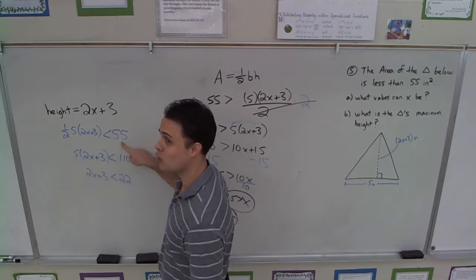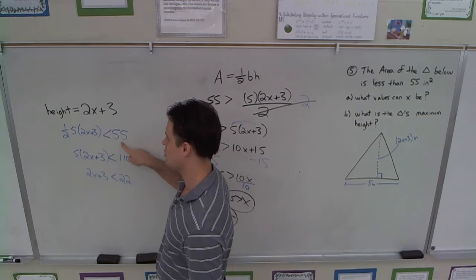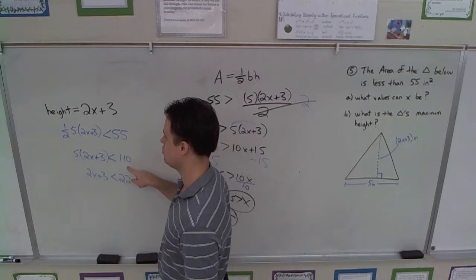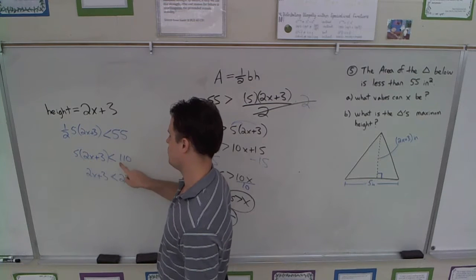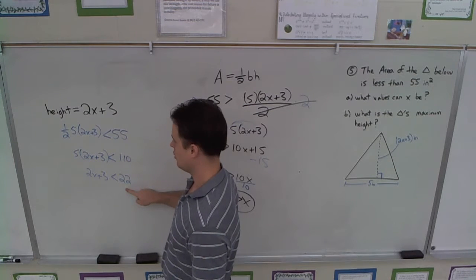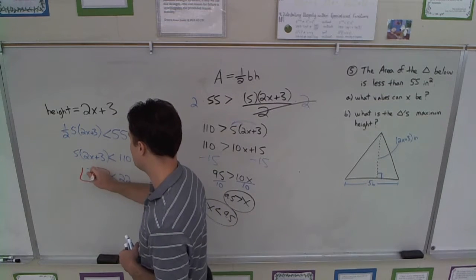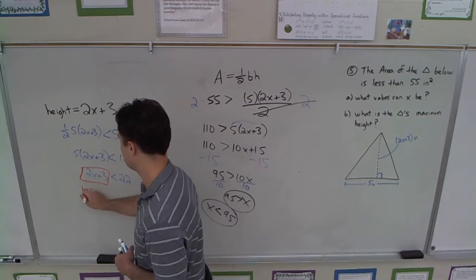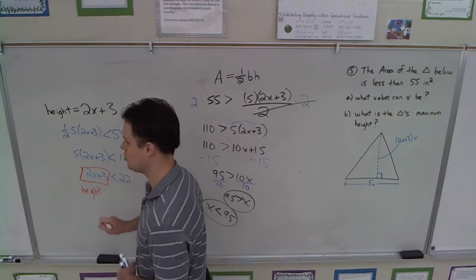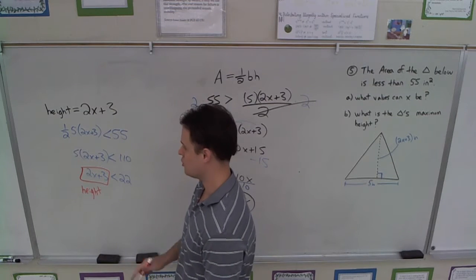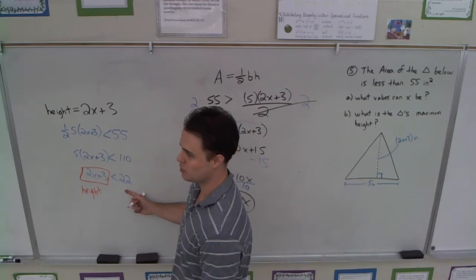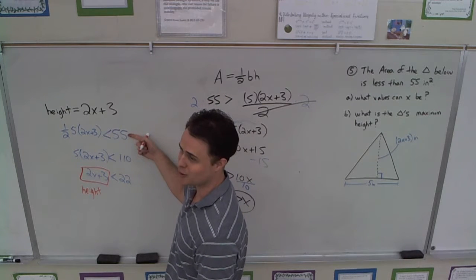So I solved it for the quantity 2x plus 3. So I said times 2, times 2, divide by 5, divide by 5. And I didn't keep solving because this guy right here is the what? This guy is the height. So that says the height has to be less than 22 in order for this to work.